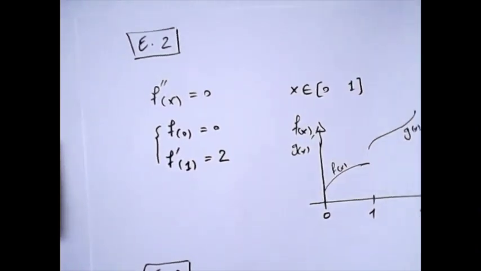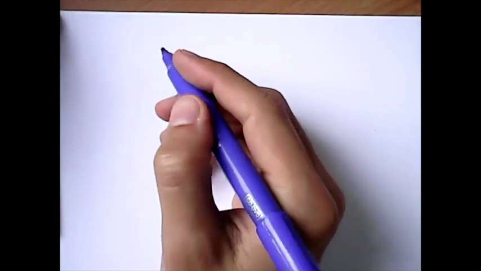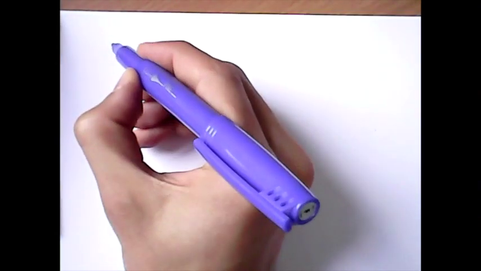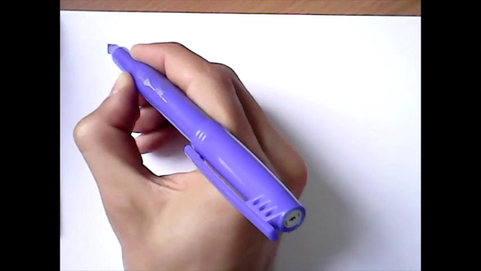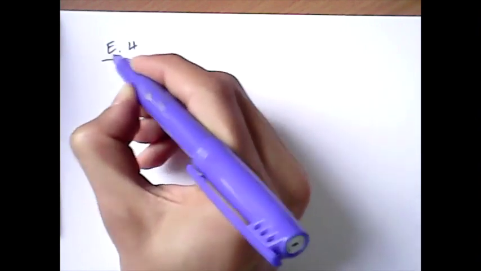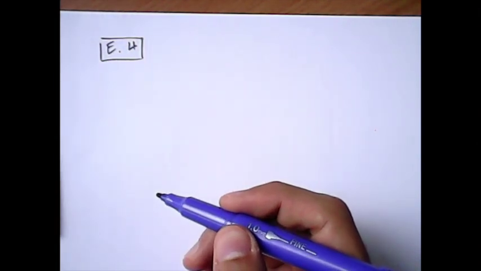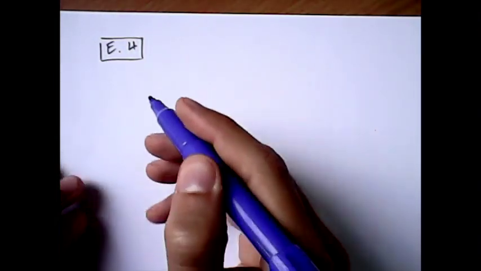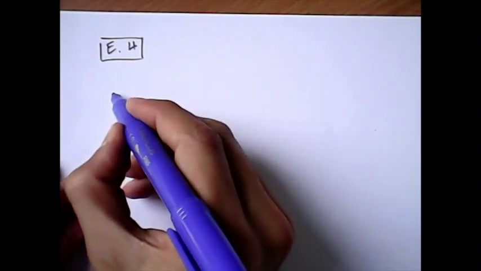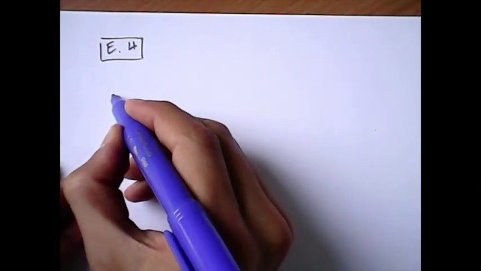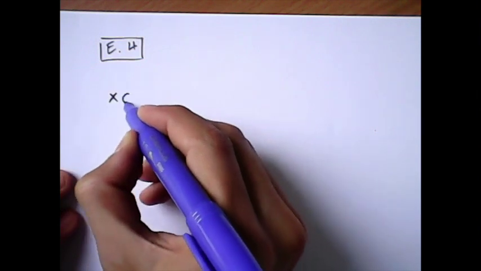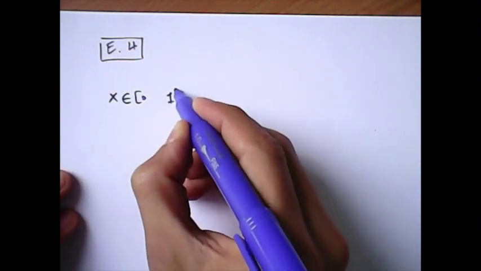Now let's also take a look at a more complex exercise. These two were pretty simple. You could do it the way that we did in the class. Let me introduce another exercise which is a little bit more complicated. Exercise number 4. Let's say we have two domains. x belonging to 0 and 1.